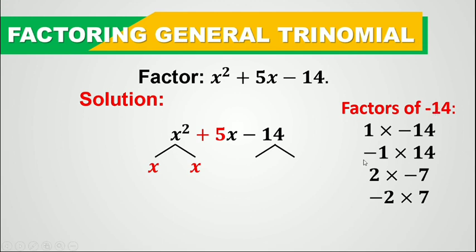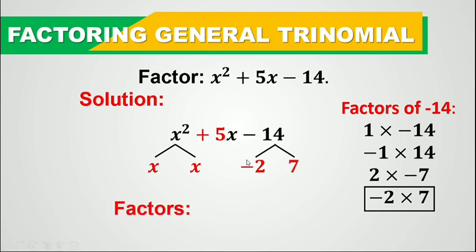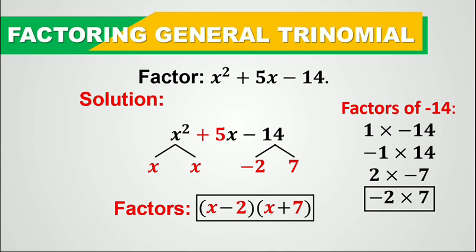Which of these, when you add them, the answer is 5? Definitely it's negative 2 times 7, because negative 2 plus 7 is positive 5. So therefore, these will be the factors of negative 14 that we are going to write here: negative 2 and 7. And then the factors of this particular example are x minus 2 times x plus 7. And this is now the answer for this particular example.